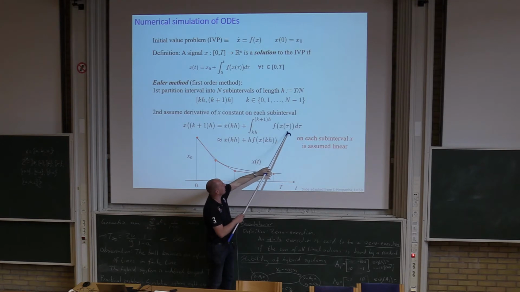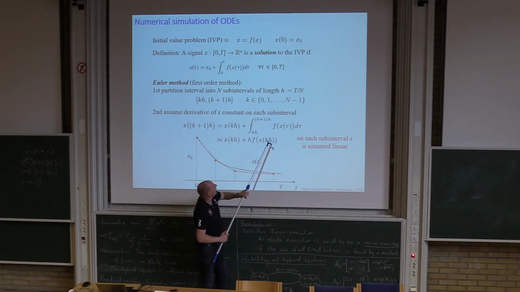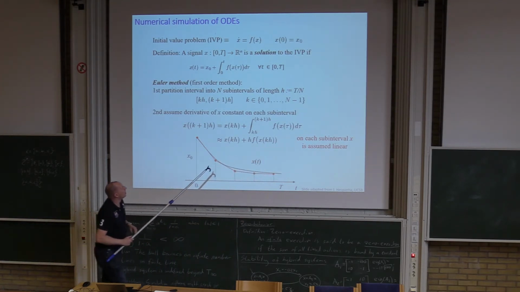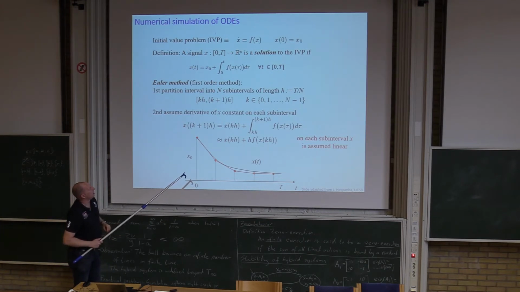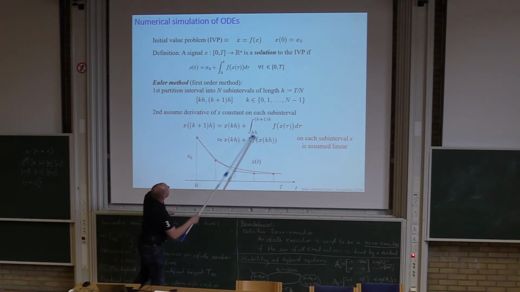So you take some point, in this case you take the first, here you do the approximation. So you set in f of x at point kh here.